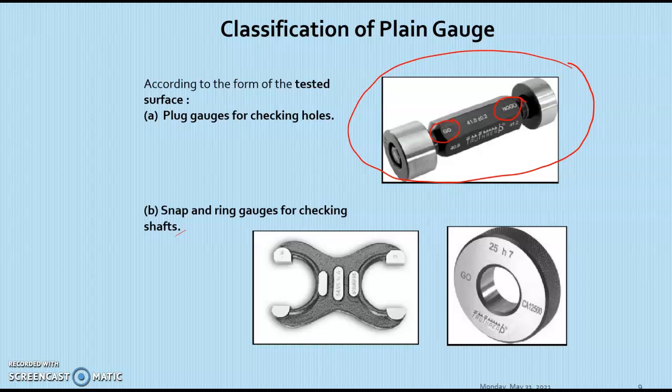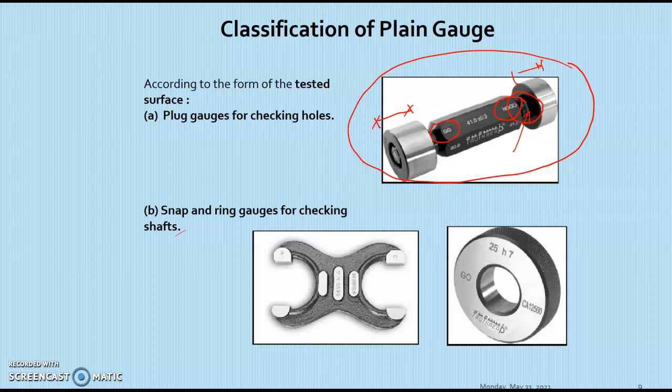Visual identification is possible because the length of the cylindrical portion is larger in the go gauge and shorter in the no go gauge. Also, in the no go gauge, an additional groove is provided, usually painted red to differentiate it from the go end.